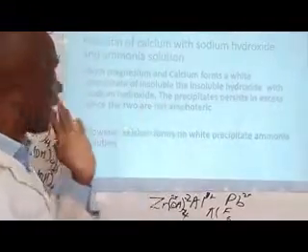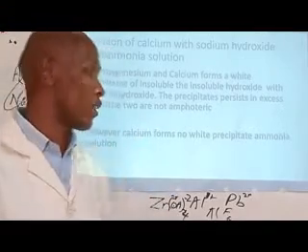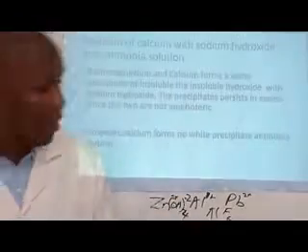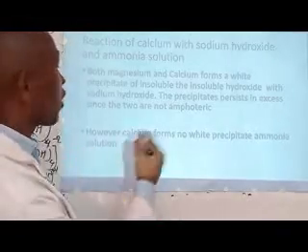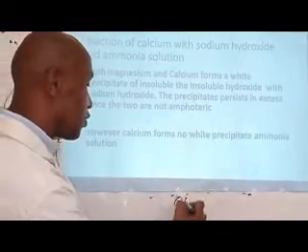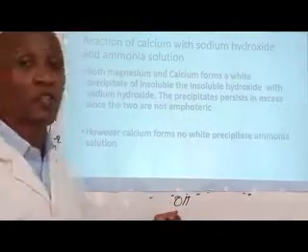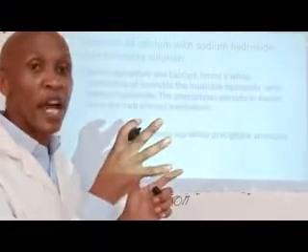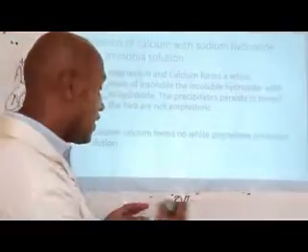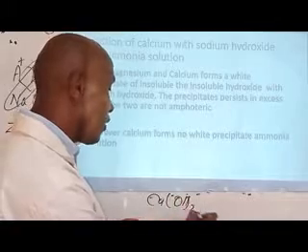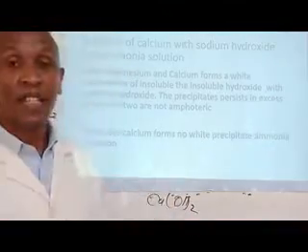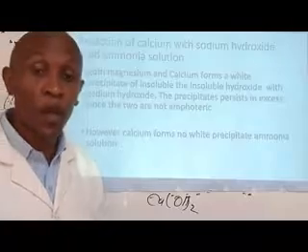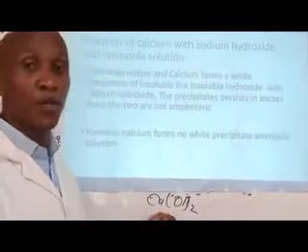We have just said that ammonia solution is a weak base, meaning what? It undergoes partial ionization. So the number of hydroxide ions in that solution is very small. There are very few hydroxide ions because it is a weak base. Yet calcium hydroxide is slightly soluble.